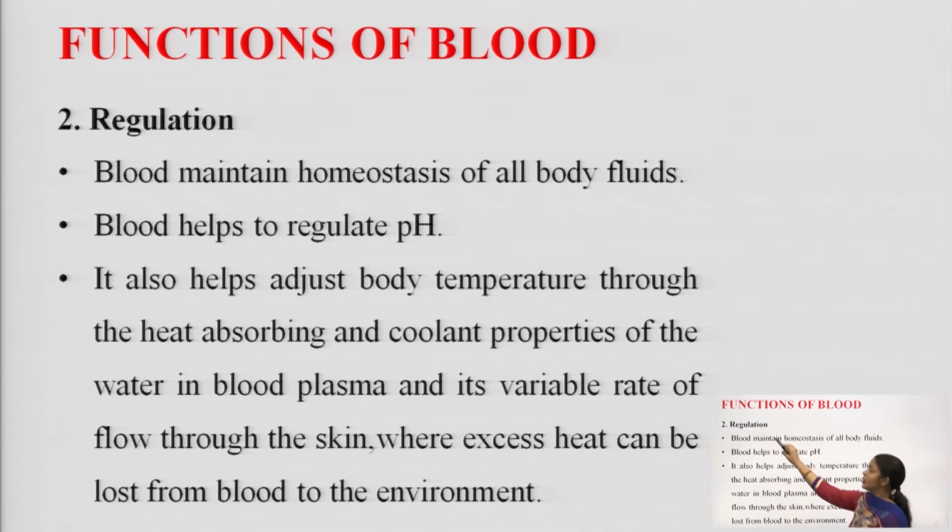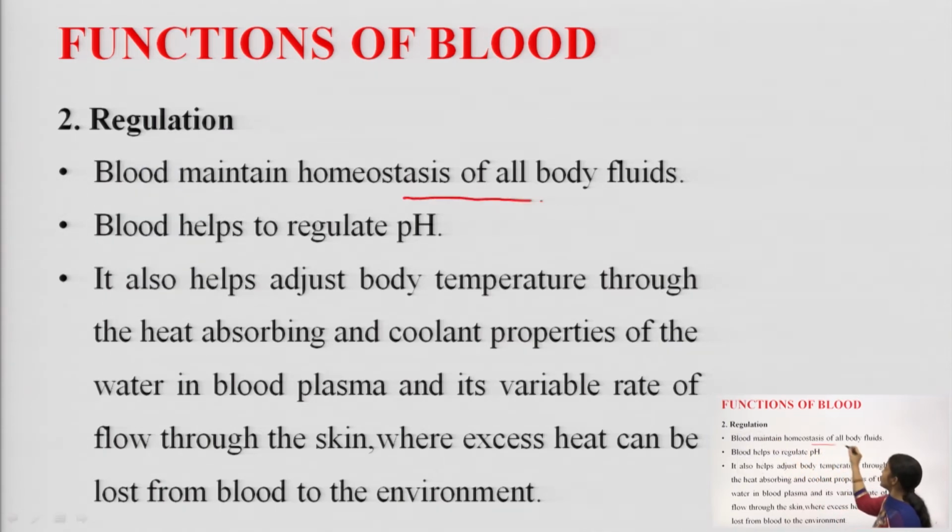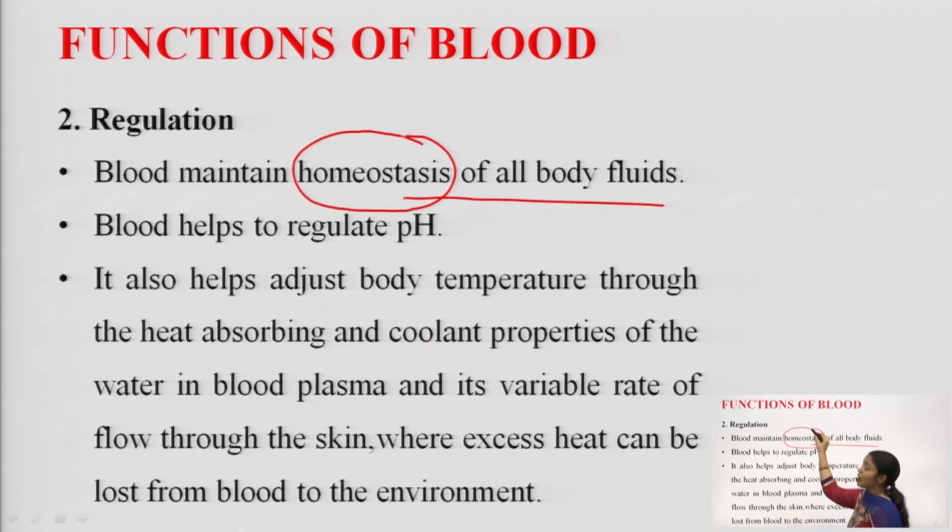Now the next one is regulation. Blood maintains homeostasis of all body fluids. Homeostasis means the balance between your internal environment and the external environment. Blood also helps to regulate your pH.